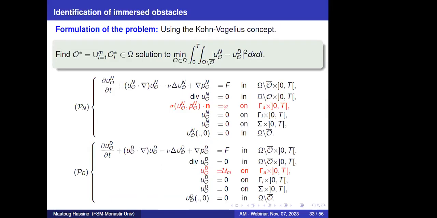To solve our considered inverse problem, as mentioned in the introduction, we will use the convolvulus concept, where the unknown obstacle domain will be characterized as the solution to a topological optimization problem, where the shape function measures the misfit between the Neumann and Dirichlet problem.